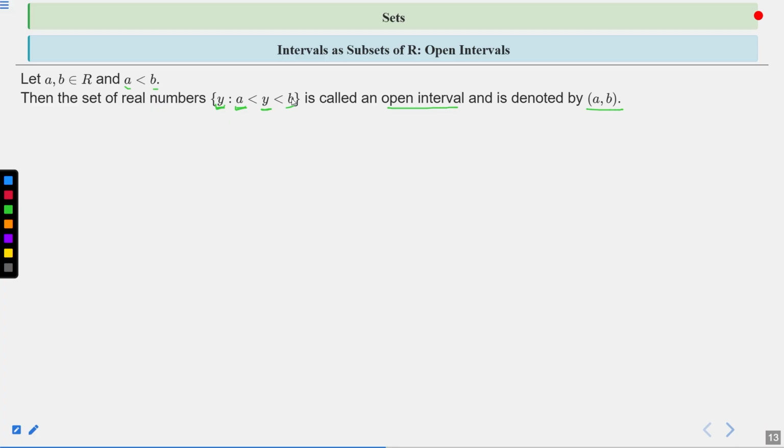We are excluding the endpoints, which are A and B.